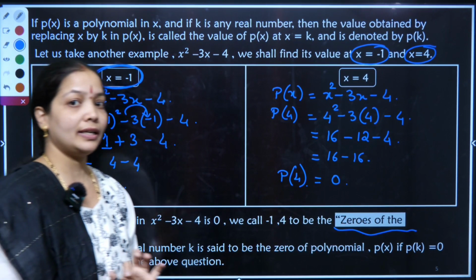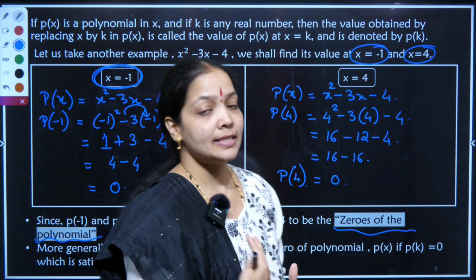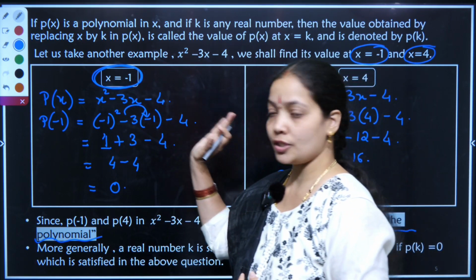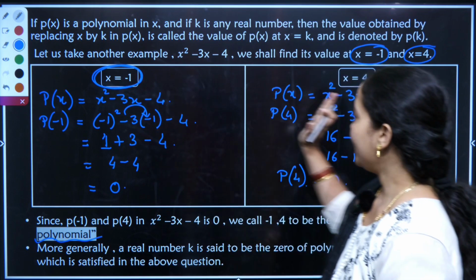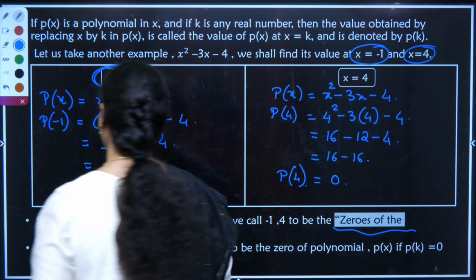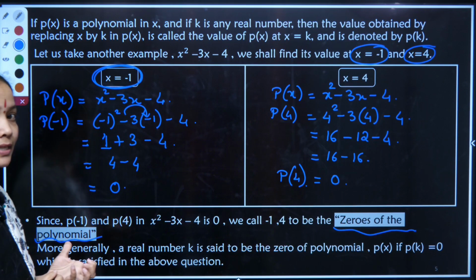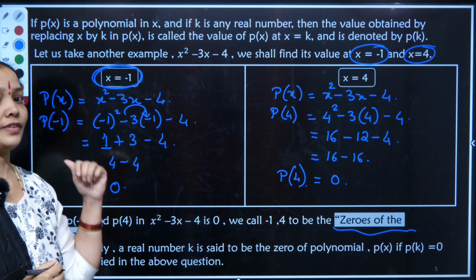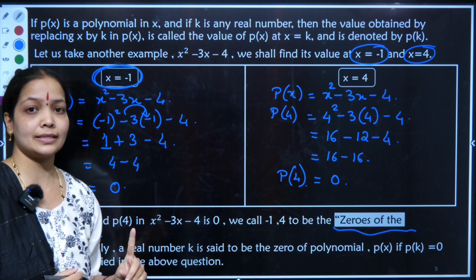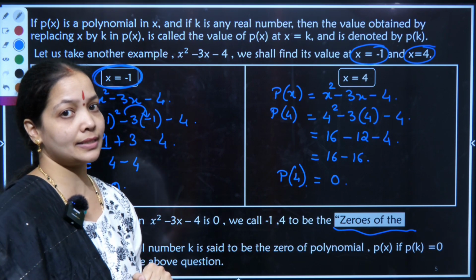I hope you all are able to understand the things. Just pause the video, look at the working at two different positions when x is -1, when x is 4. In the previous slide, if we go to the previous slide, we are able to see that in that position the value of x substituted is not at all giving us 0 as the answer. It is giving us -6 as the answer.